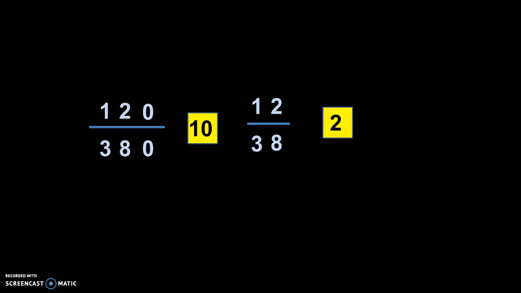So we can use 2 as our common factor. To cancel out a factor of 2, we simply halve the number. So half of 12 is 6, half of 38 is 19. That leaves us with 6/19. Okay, much better form of that fraction than what we started with.